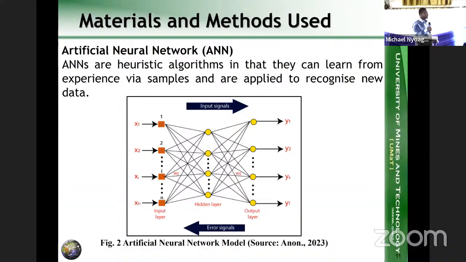Artificial neural networks need predefined data to be able to predict the future, or to predict what is not known.